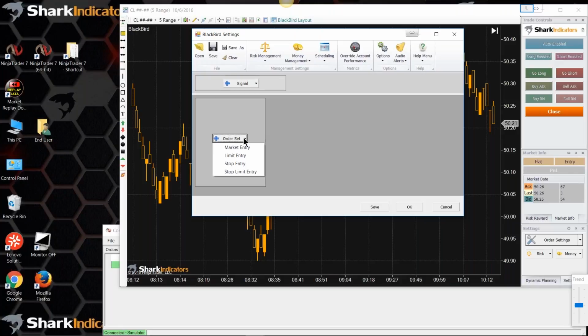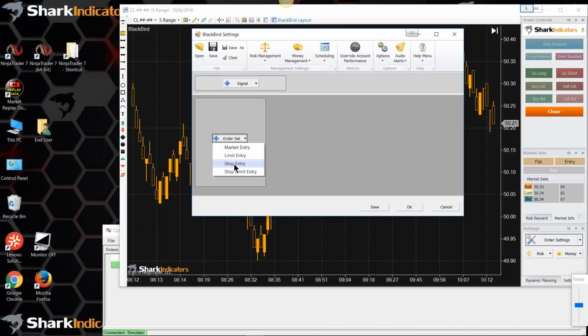So when you're setting up your order set, the first thing you have to figure out or decide is what type of an entry order do you want, right? So your entry order is the first thing that you have to define, right? So is it going to be a market, a limit, or are you using a stop entry or even a stop limit entry? So a stop entry would be a stop market entry, which is similar to a market if touched.